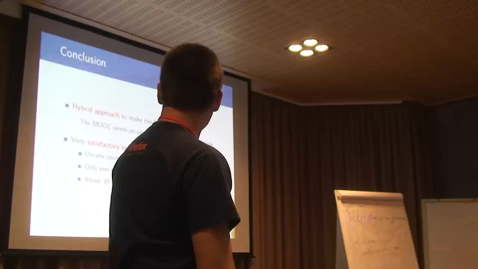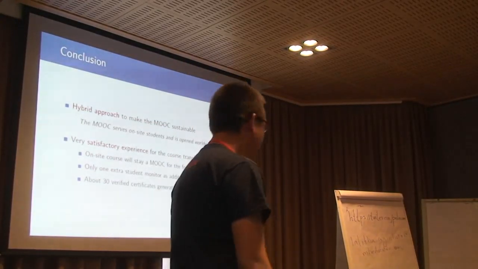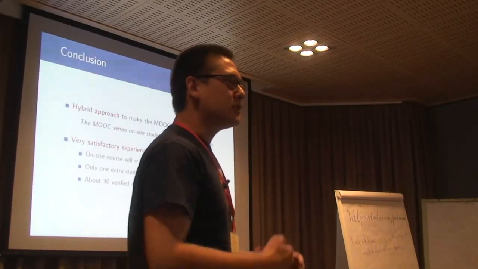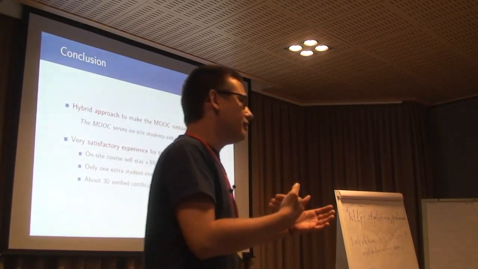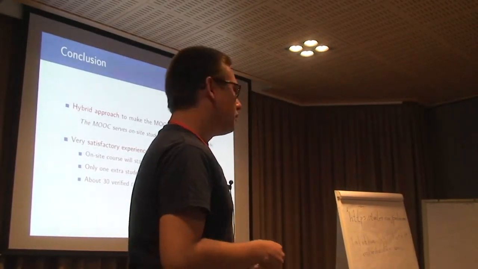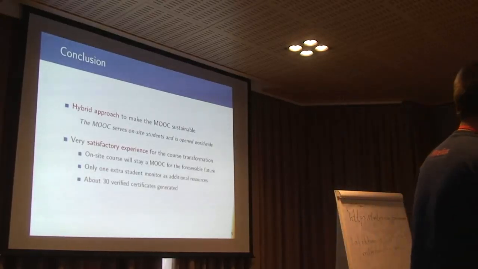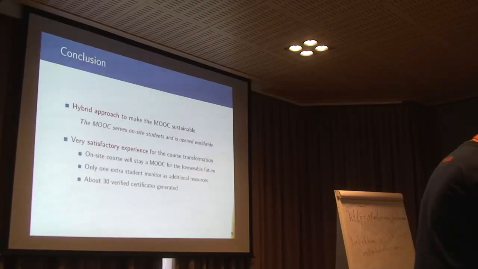And we already have 30 verified certificates generated. It's also good because we are starting to have people following the course to have verified certificates. Maybe one day, we don't know, the professor could earn something with that, which will be some bonus for him for all the efforts that he made during three years.